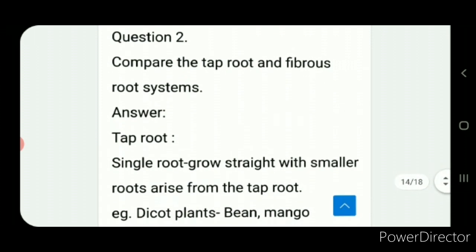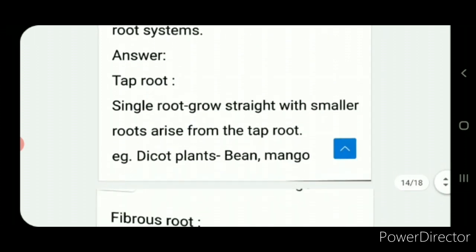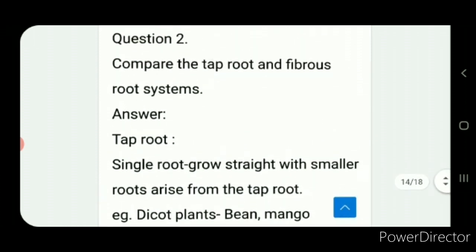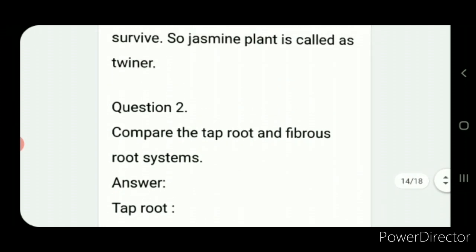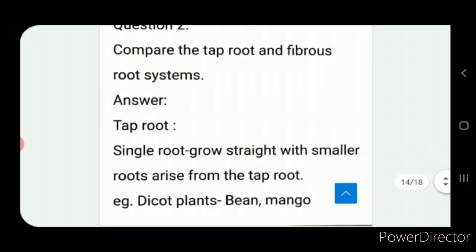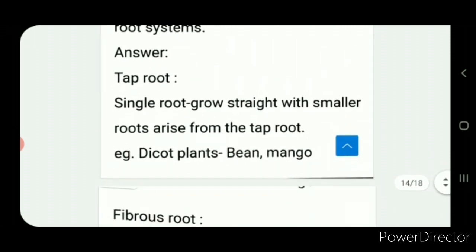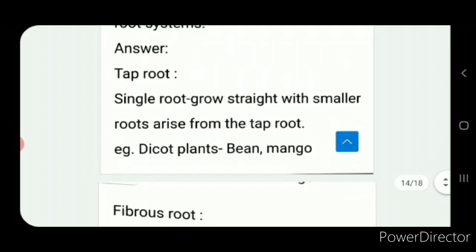Compare the taproot and fibrous root system. You can make this as a table, or as a differentiation, but here they have given it in paragraph form. Taproot has a single root. It grows straight with smaller roots that arise from the taproot.